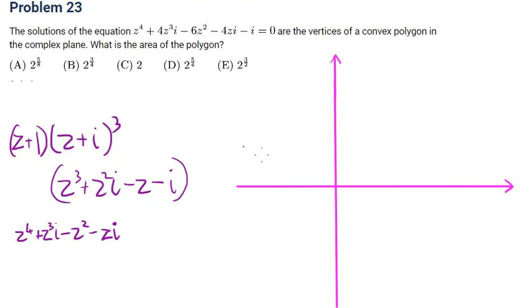Wait, actually, I forgot the coefficients here. This is 3z, 3z. I think I'm in this problem solving mode today. But yeah, this is z to the fourth plus z to the third. Well, it still doesn't explain things.